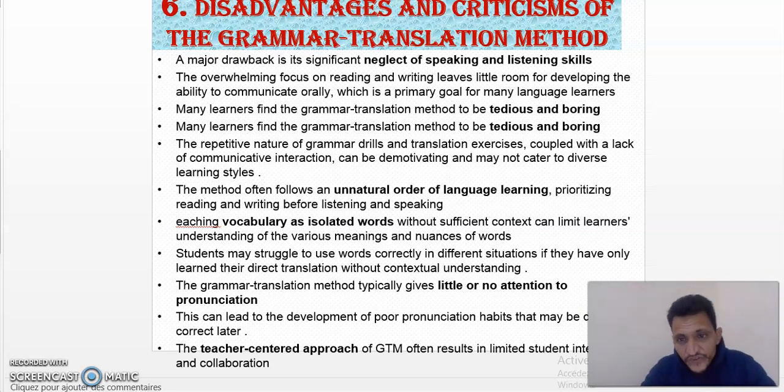So to sum up the disadvantages and criticism of this method: it neglects speaking and listening skills. Many learners feel bored because they are not engaged in communicative situations, because they don't learn grammar rules, structures, and vocabulary items in communicative situations. Learners have problems with pronunciation because this approach doesn't give much importance to pronunciation.